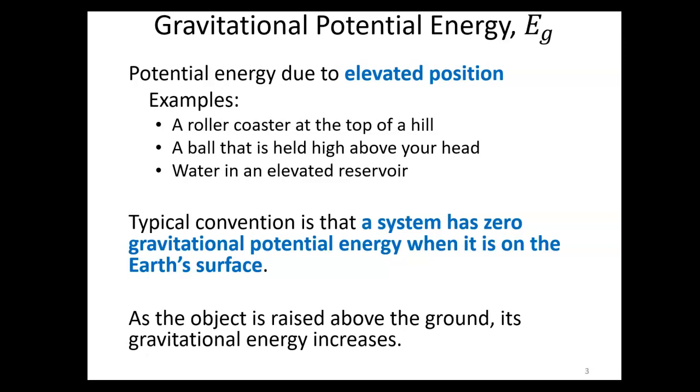All of these are systems where the object is high above the earth, and therefore it has gravitational potential energy. Our typical convention is that when something is on the surface of the earth or on the ground, it has zero gravitational potential energy. And then as you lift that object higher above the ground, its gravitational potential energy increases.